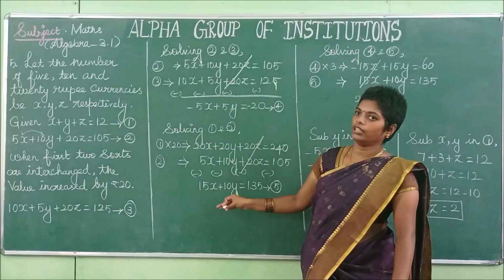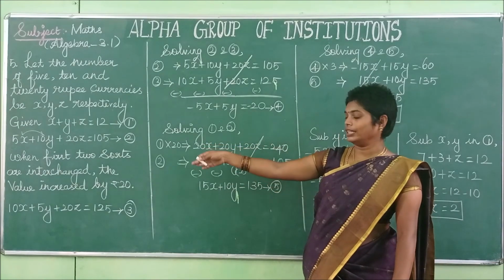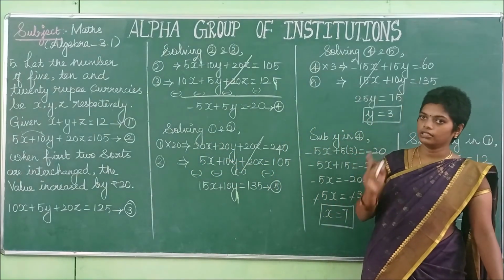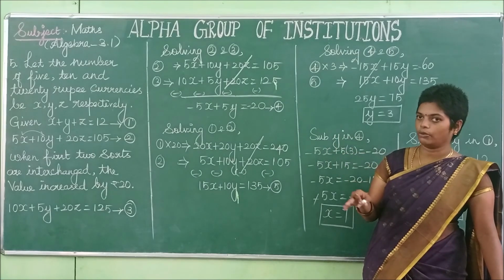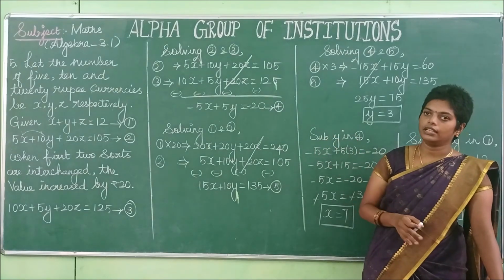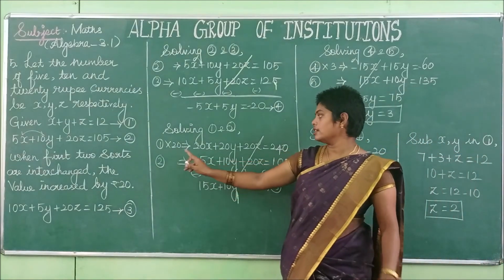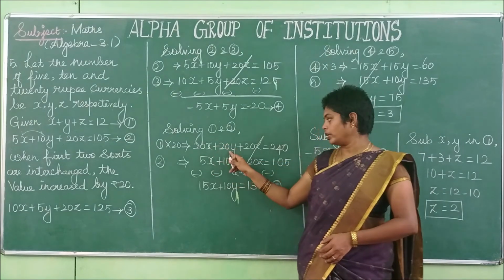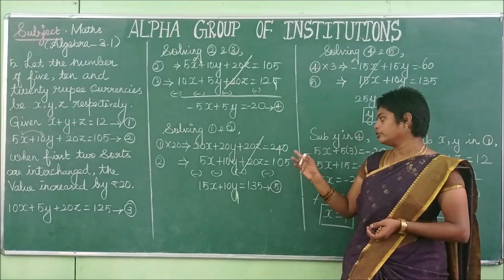For that I multiply by 20, because the z coefficient is 20 in the second equation, and in the first equation the z coefficient is just 1. So I have to multiply that whole equation by 20 only, so that the 20z and 20z get cancelled. So the first equation is multiplied by 20: 1 into 20 is 20x plus 20y plus 20z, which is equal to 20 into 12, that is 240.